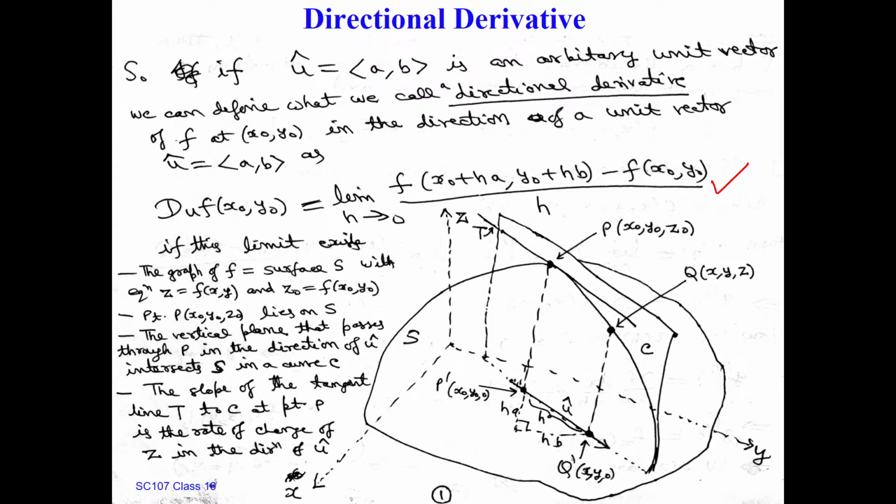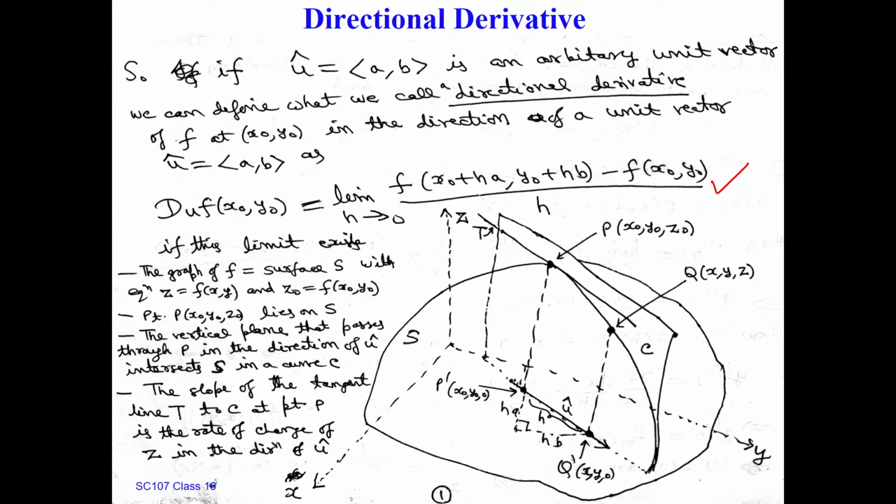Just like that, we were finding the tangent on a curve in single variable calculus, right? You take 2 arbitrary points and make them as close as possible. A similar thing we are doing here, but now here is a surface, right? So we look at this curve C here, and I will make these 2 points P and Q closer and see what happens.